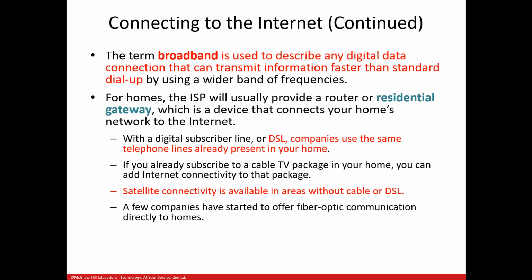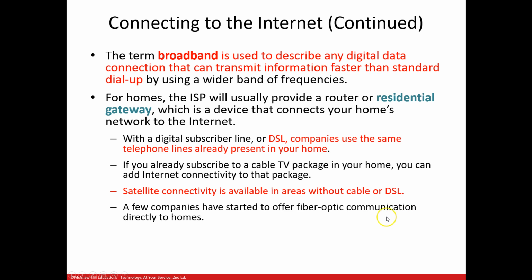Okay. Satellite. Satellite speed is usually around 25 megabits per second. In some areas you may not have cable or DSL, so the only way to get internet access is using satellite. And now more and more companies are starting fiber optic communication.